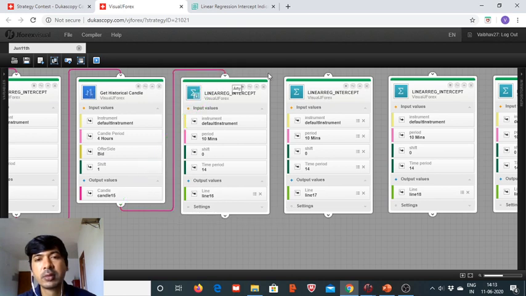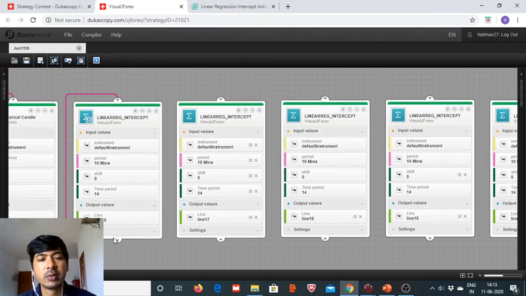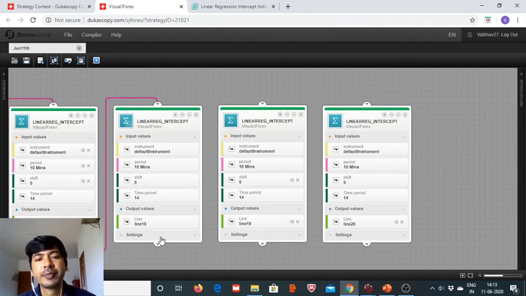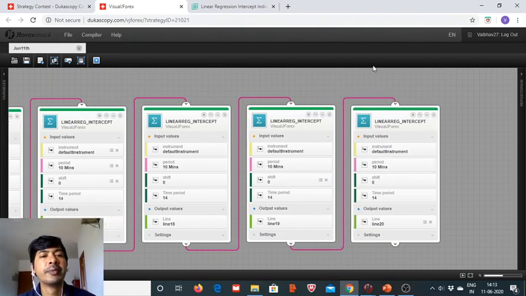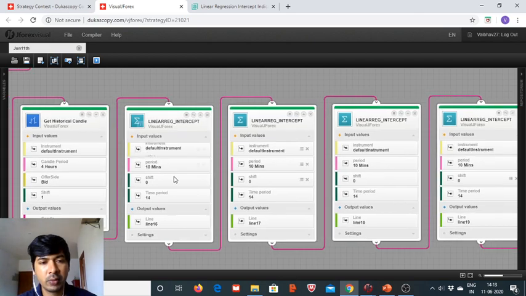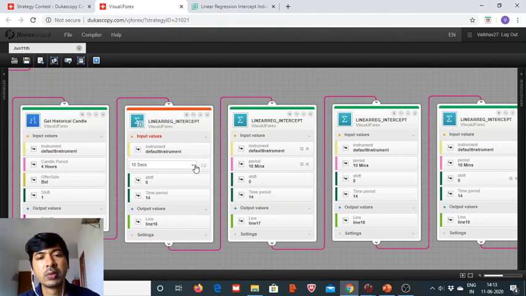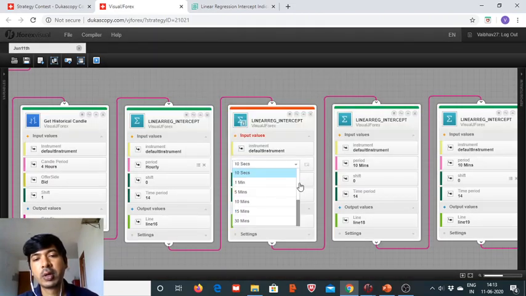Okay. So we join the dots. Now this needs to be of 1 hour each, so we change it to 1 hour, hourly. Here also hourly.